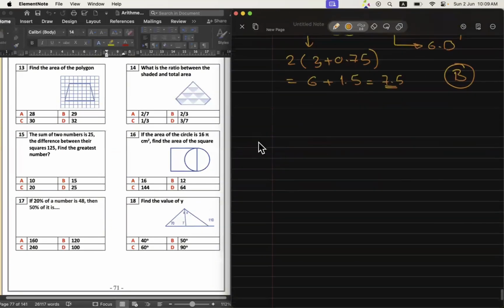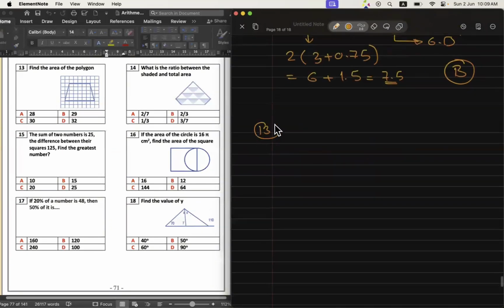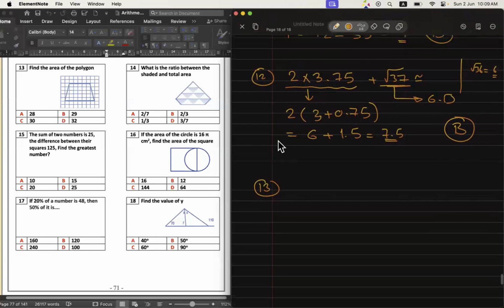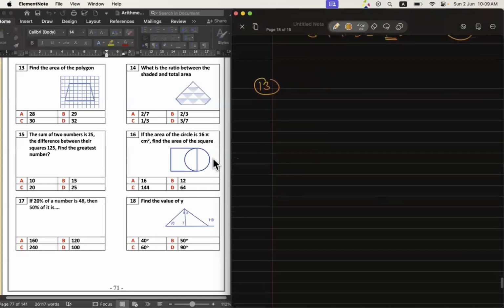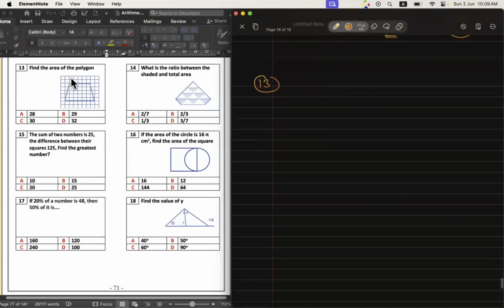Question 13. Find the area of the polygon. As you know, this is a trapezoid, and the area of the trapezoid equals base 1 plus base 2 over 2 times the height.